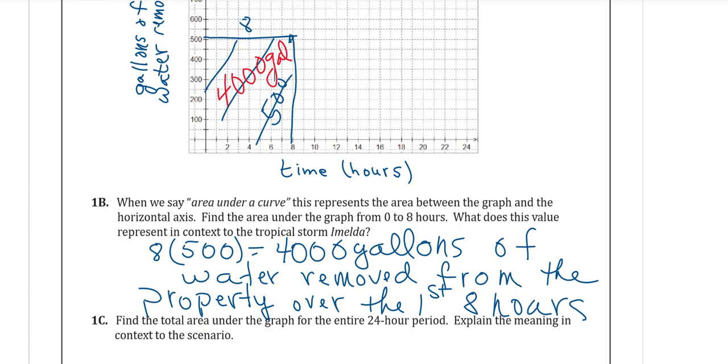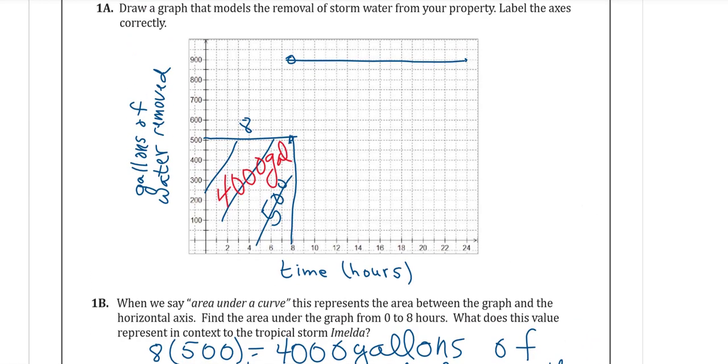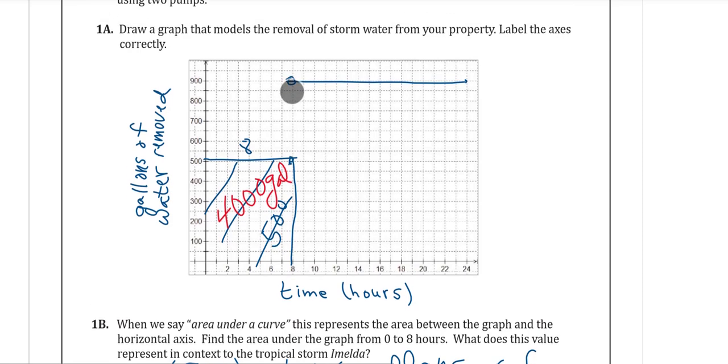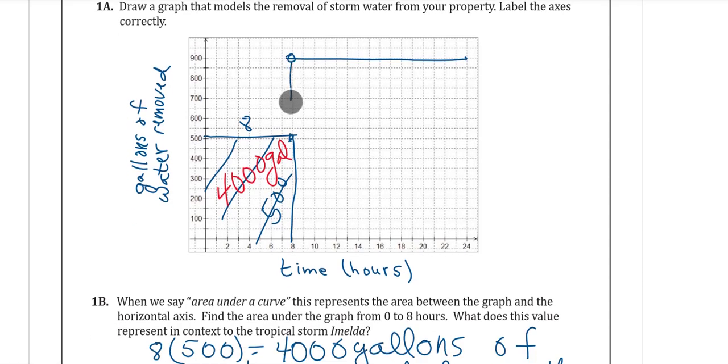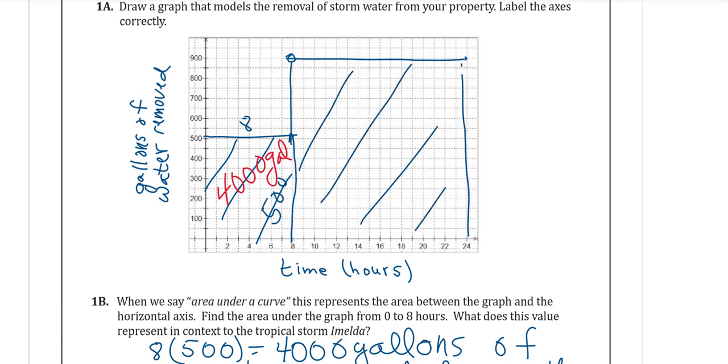And our next section, we have this part here, this giant rectangle here. So the width of this rectangle is 16 hours wide, and it's 900 gallons per hour tall.